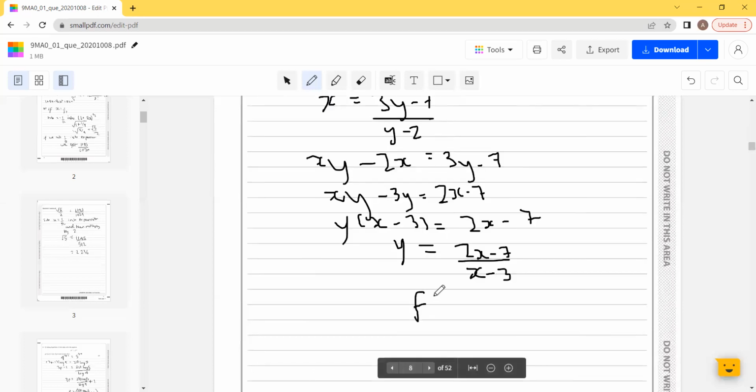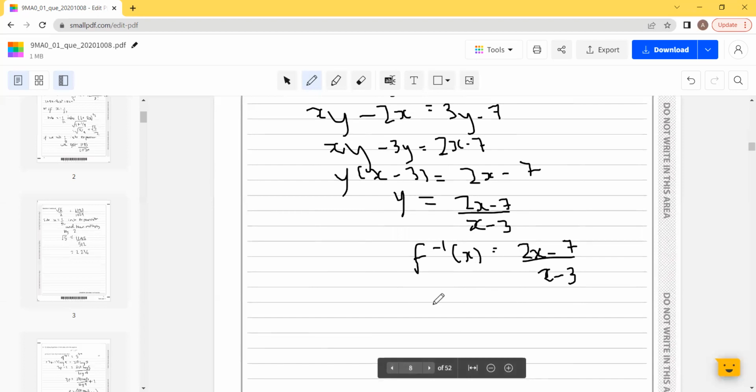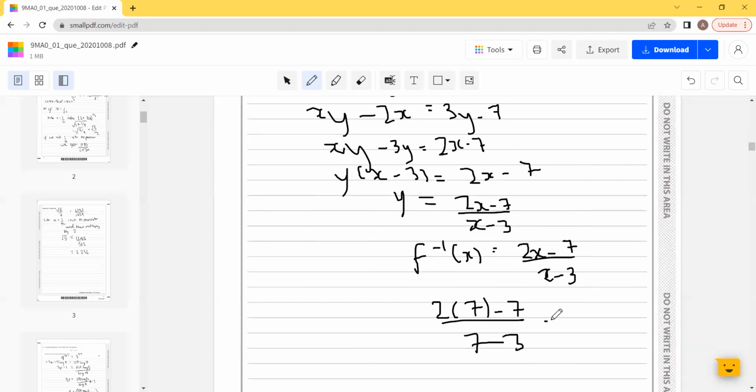So f inverse of x is equal to 2x minus 7 over x minus 3. So now we just substitute 7. So we have 2 times 7 minus 7 over 7 minus 3, which is just 14 minus 7 over 4. So it's just 7 over 4.